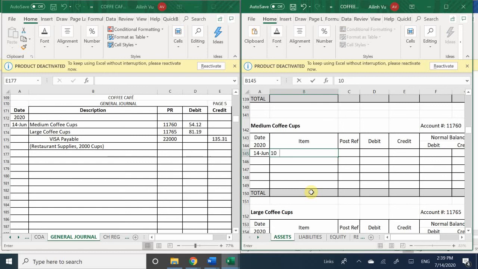So here I can go ahead and write that I bought 1,000 cups, so that I can keep track of what I actually bought. My post reference is general journal number 5, not 4 anymore, because we just got a new journal. And we increased it by $54.12, which means that is our beginning balance.